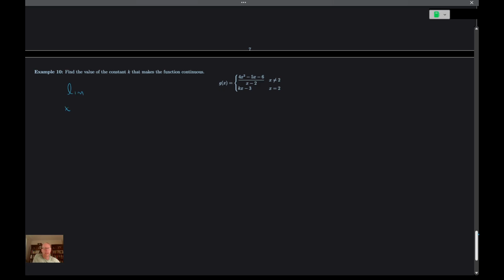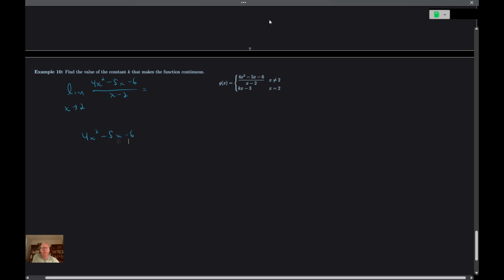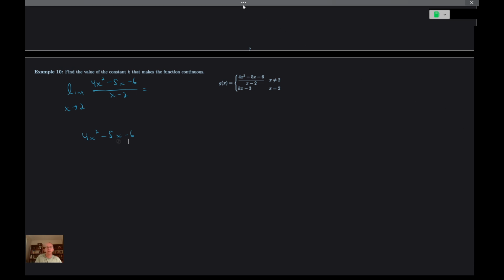We need to basically get the limit as x approaches 2 of 4x squared minus 5x minus 6 over x minus 2. So we need to find that, and then we also need f of 2 to equal that as well.